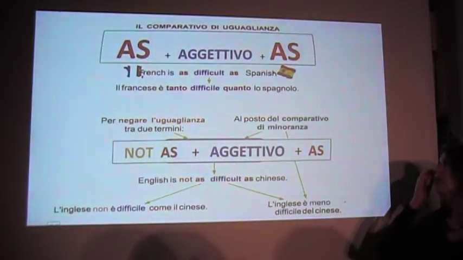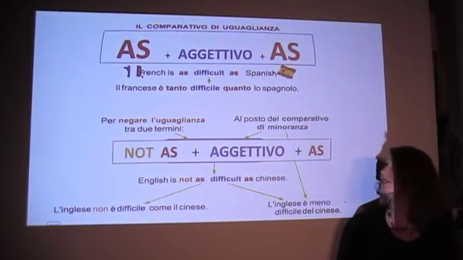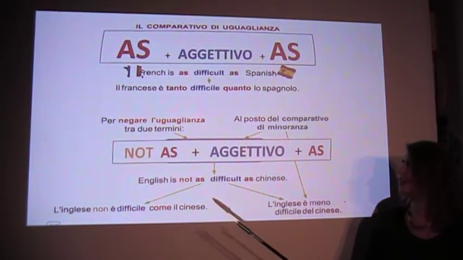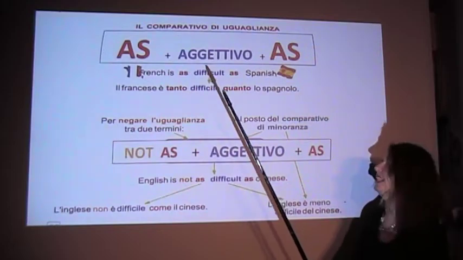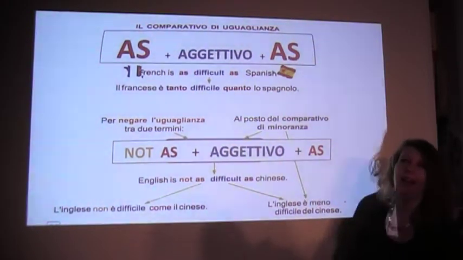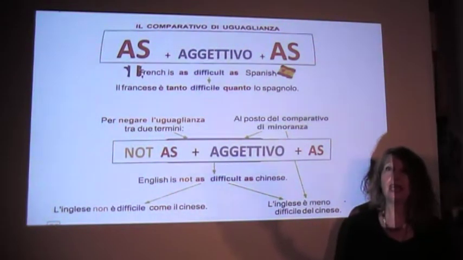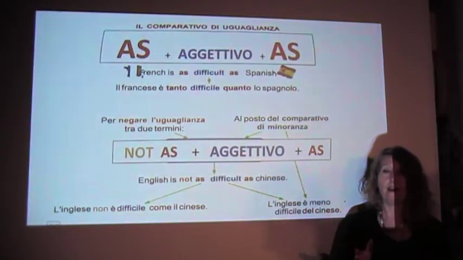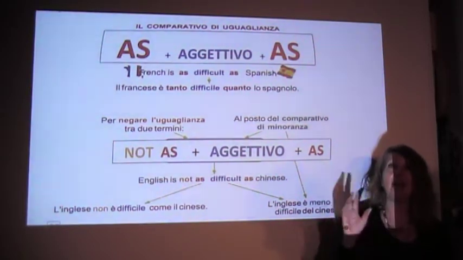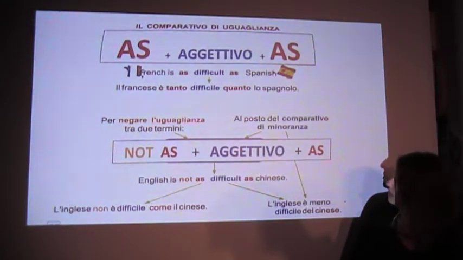And here we have the comparatives of equality. And this is quite easy because, as you can see, you have a visual equality here because you have as and as. The adjective goes between, so you have as at the beginning and as at the end of the comparison.